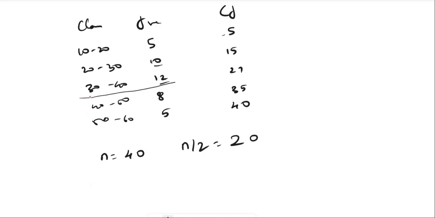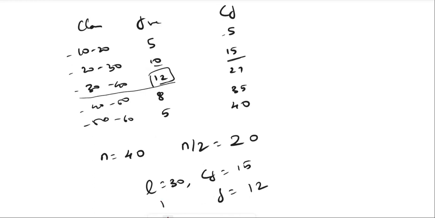So what is the lower limit of this? 30. So we apply the lower limit equal to 30, and the cumulative frequency of the preceding class is 15. And f is the frequency, 12, and I think you are able to identify the size h, that is 10.